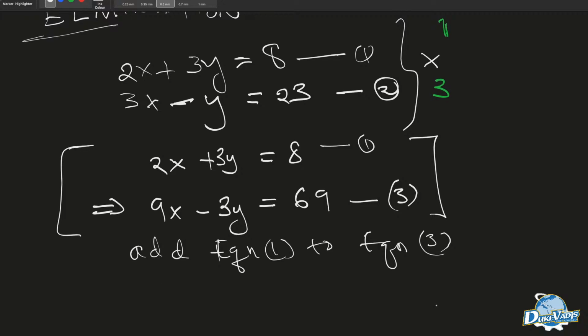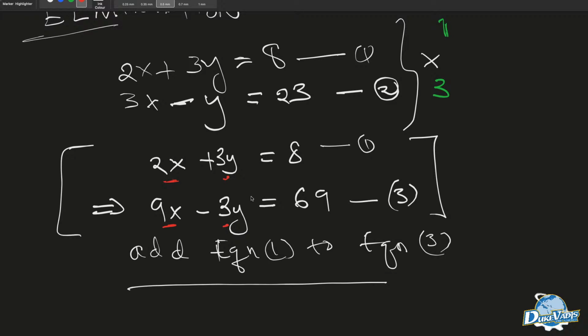When we add, you see that plus 3y and minus 3y will be 0, so the 3y nullifies itself.